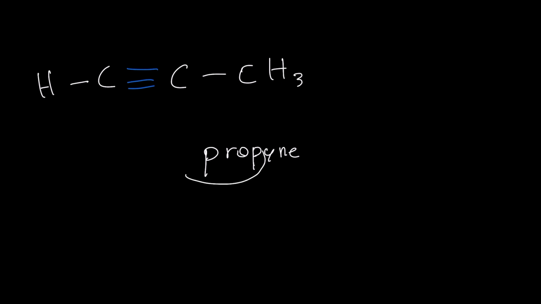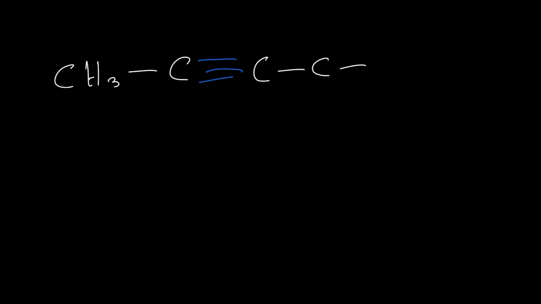Prop would be the prefix, and this would be the suffix. If we start to have more carbons in our chain, eventually we're going to have to specify which carbon the double bond or the triple bond is on.